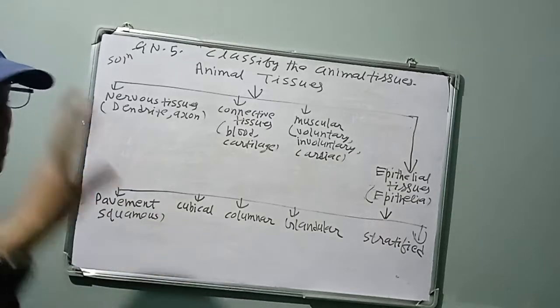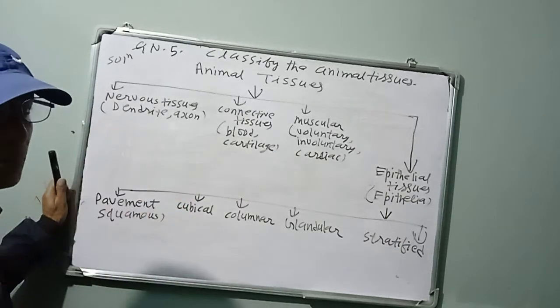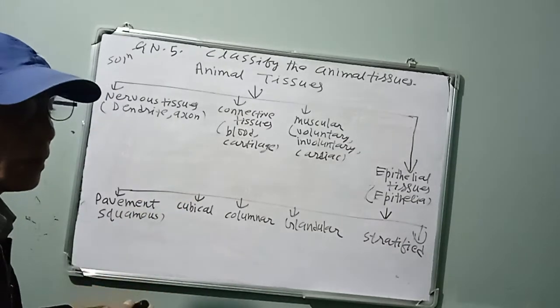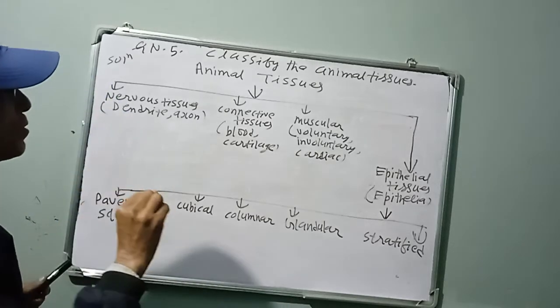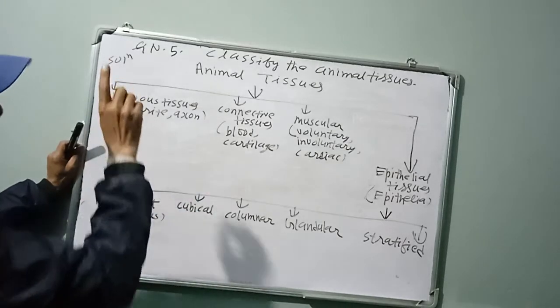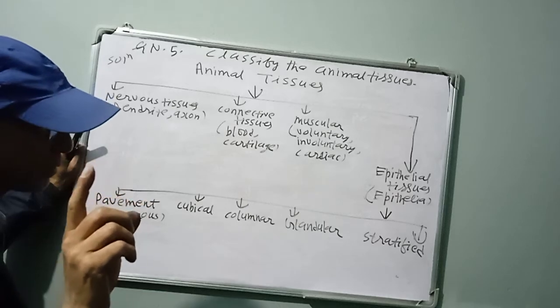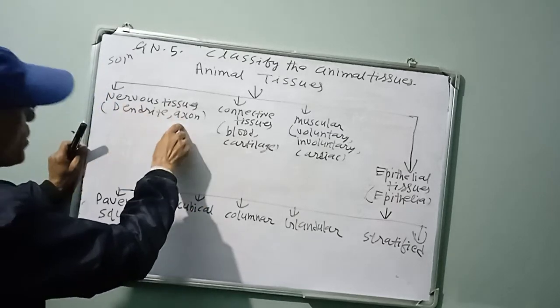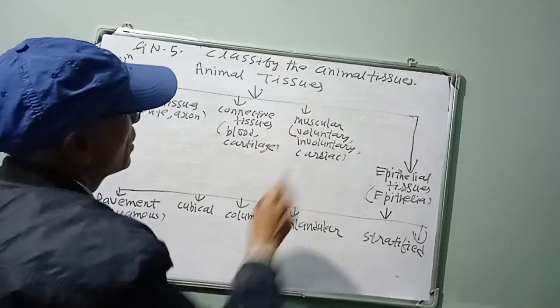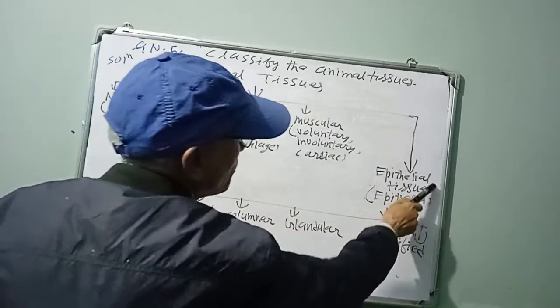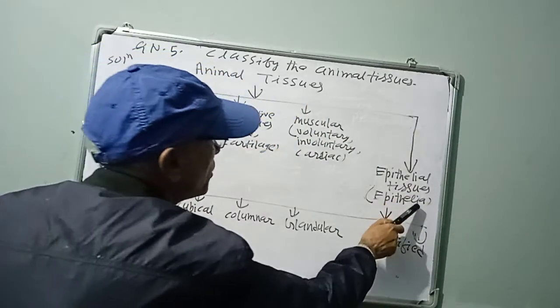Again, there are four types. Name four types of animal tissues. If this question is asked, a very short question, you have to write down: there are four types of animal tissues. They are nervous tissues, connective tissues, muscular tissues, and epithelial tissues or epithelia.